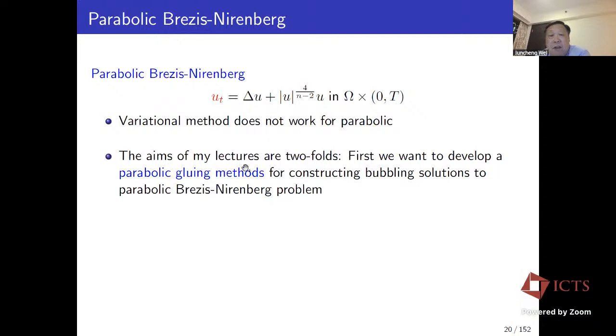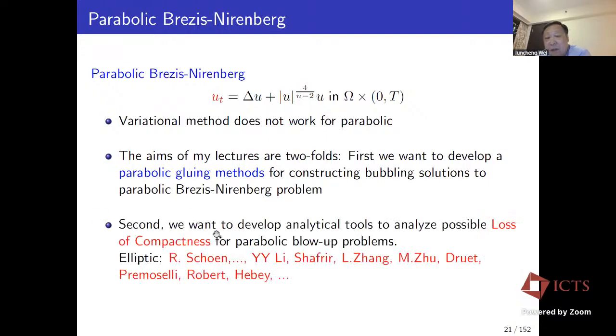The aims of my lecture are twofold. First, I want to develop a parabolic Green for constructing bubble solutions for the Brezis-Nirenberg problem. Second, I want to develop analytical tools, not just to construct solutions, but to analyze possible loss of compactness for parabolic problems. For the elliptic case, there are many results on the study of loss of compactness for critical exponent problems.